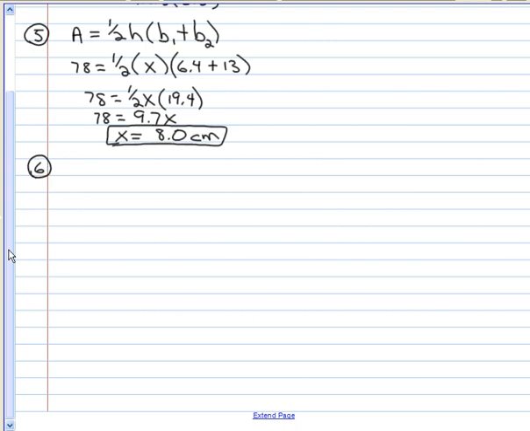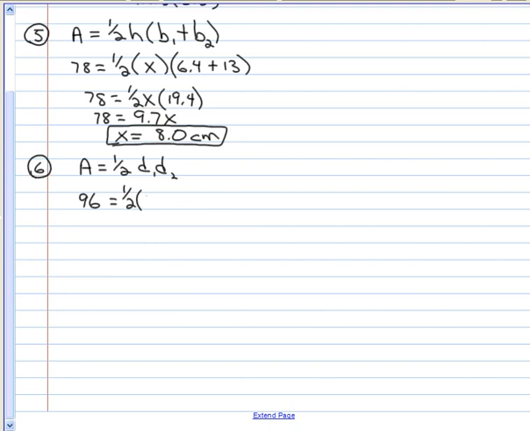Number 6. What's our formula for this shape? There we go. So the area of this rhombus is 96. 1/2 of, what's one diagonal? 14.6.